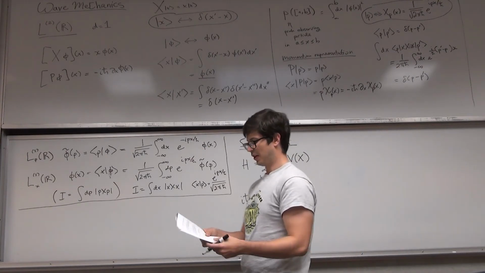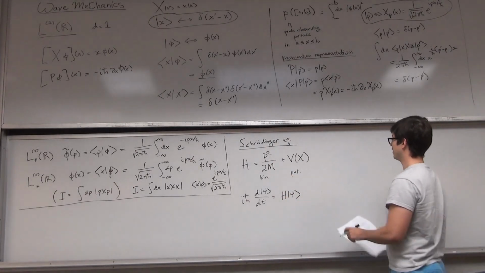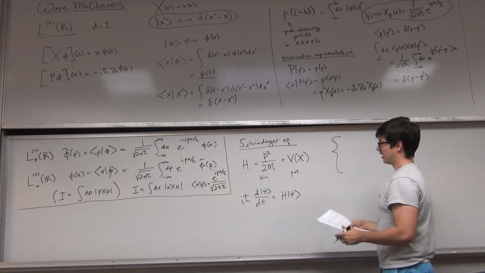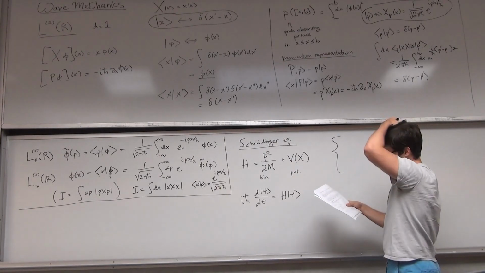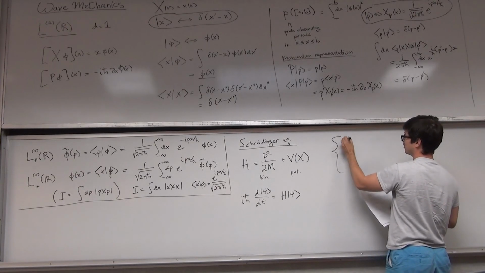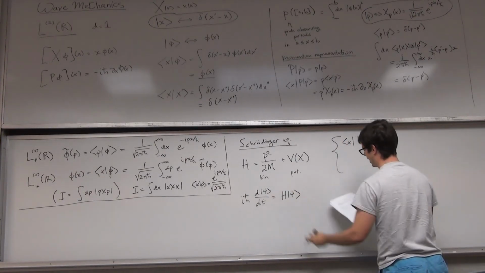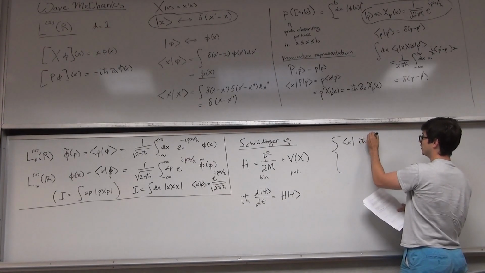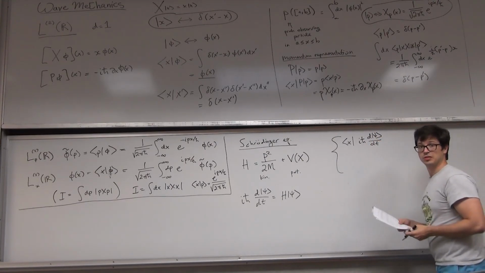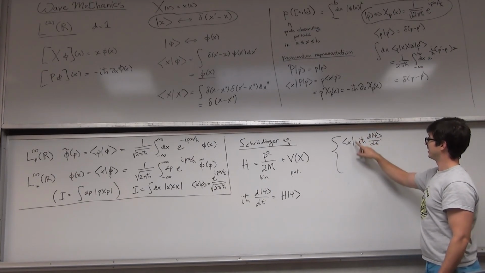And so now we can figure out what this does. We can stick this H into here and figure out what H does. So how do we do that? Well, it's easy. We just take x, this bra, and dot it into the psi to get the wave functions. So you get i h bar d psi dt. Of course, this dotted into this doesn't do anything.